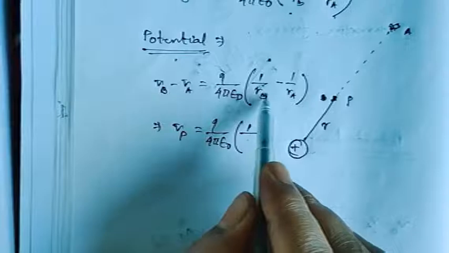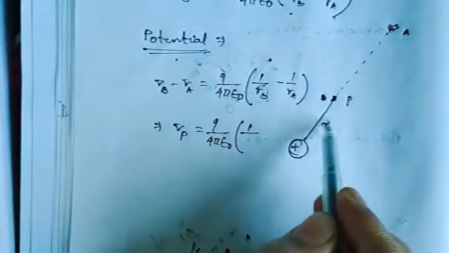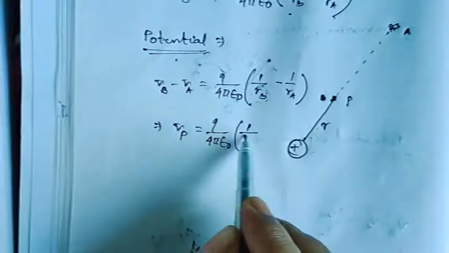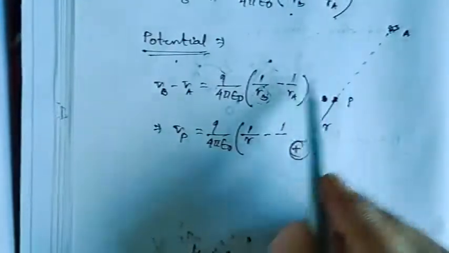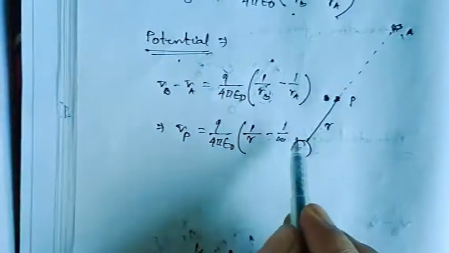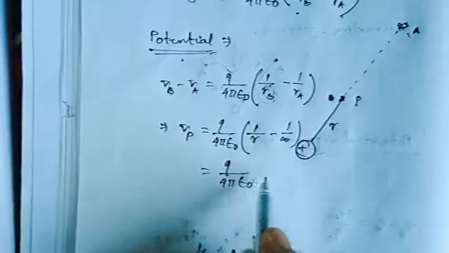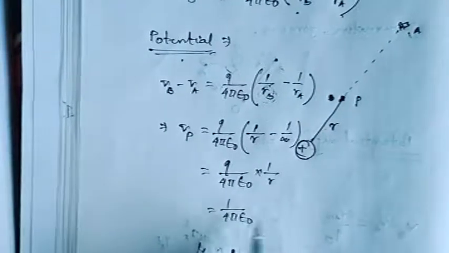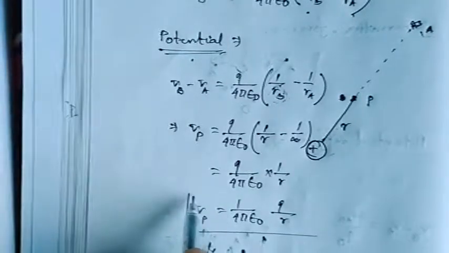RB means position of the final point. Here the position of the final point is P, denoted by R. So RB we write as R, minus 1 by the initial point, means from where we are bringing the charge. Here we are bringing the charge from infinity, so 1 by infinity. Therefore it will be Q by 4 pi epsilon naught into 1 by R. So 1 by 4 pi epsilon naught Q by R, this is the equation for electric potential.